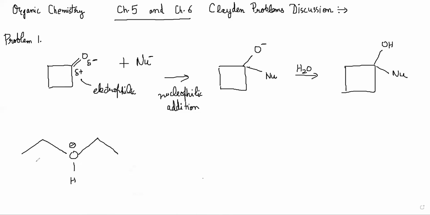See, if you think about it, right now, what is the hybridization of this? This is positively charged. Oxygen here has sp2 hybridization, but is there a lone pair of electrons that we are not seeing?